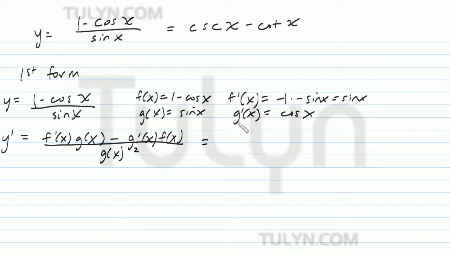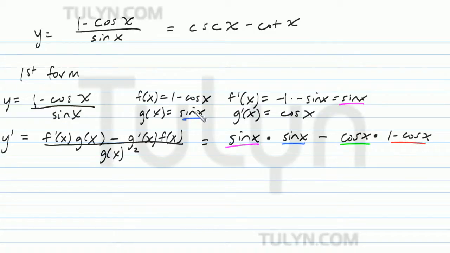It's going to be sine x times g of x, which is sine x, minus g prime, which is cosine x, times (1 minus cosine x), all divided by g of x squared.